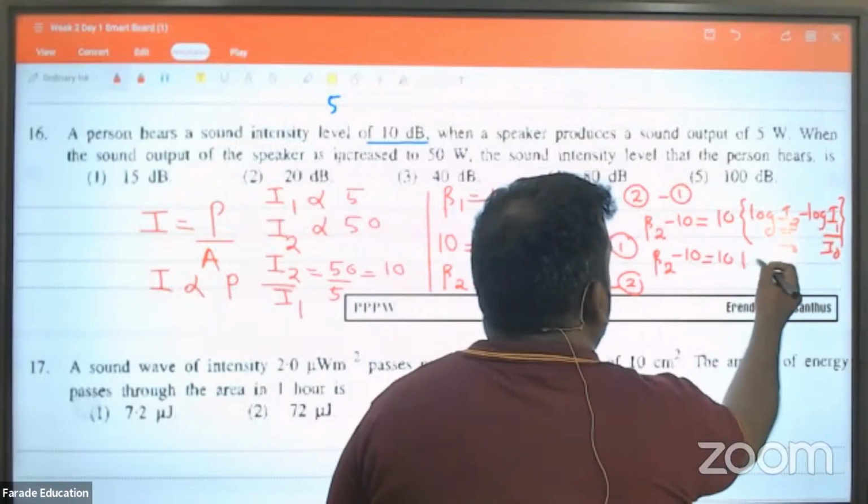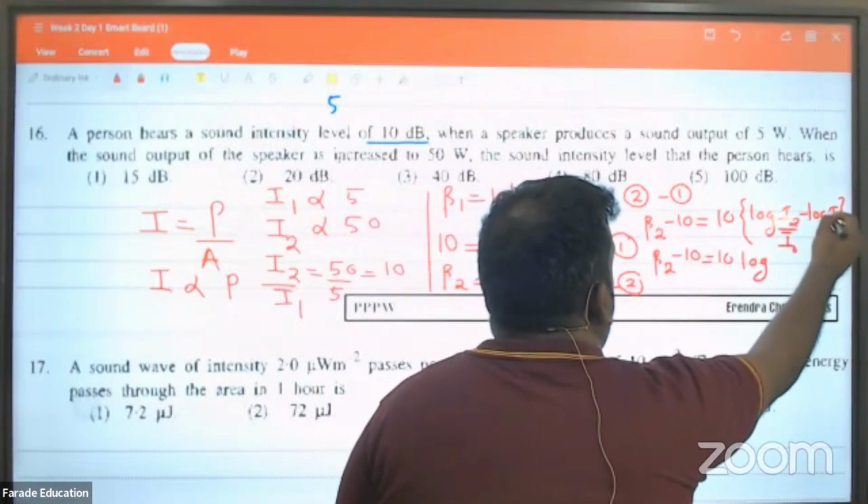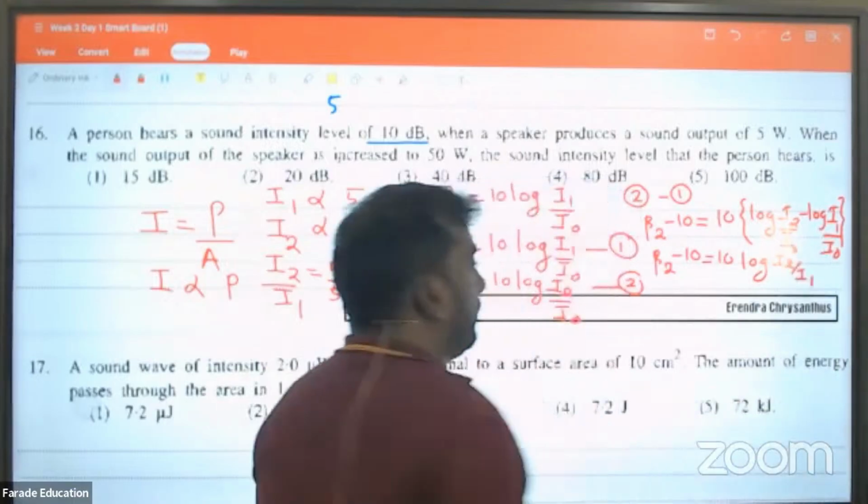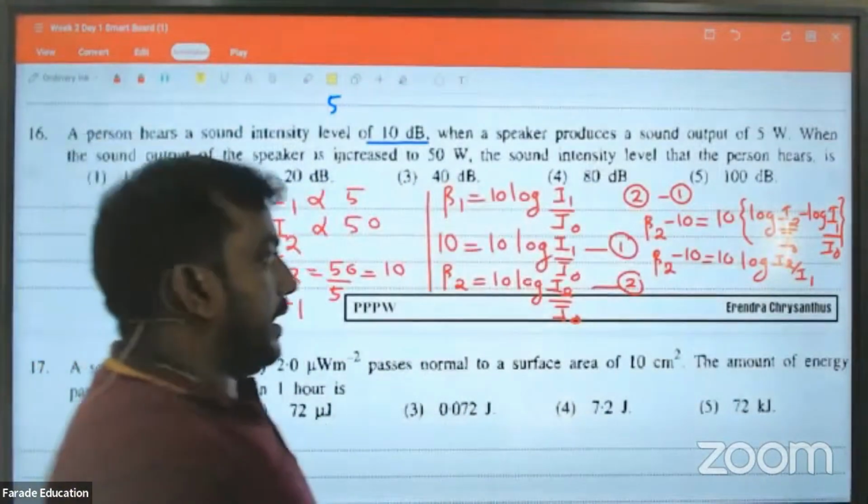Here, if I divide, I2 I0 divided by I1 I0 is I2 divided by I1. Be careful.